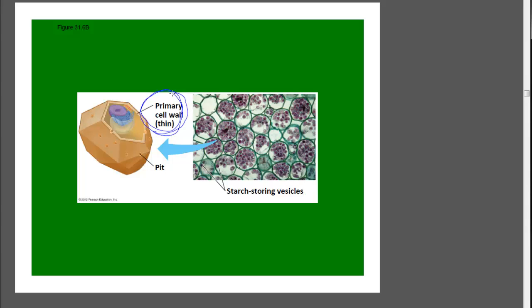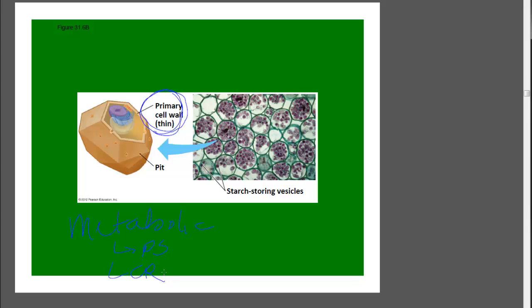And then what's their job? Well, the job of a parenchyma cell is to do all of the metabolic work of the plant. So anything associated with energy. So in that case, we're going to be talking about photosynthesis, cell respiration, right? All of these things.